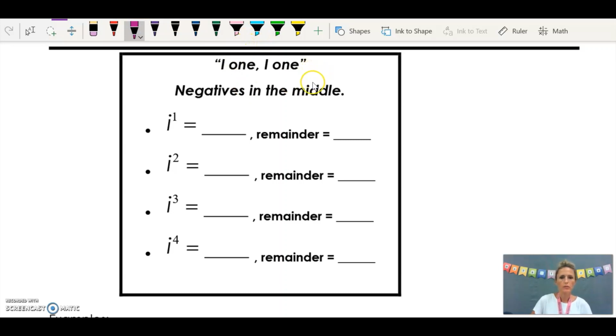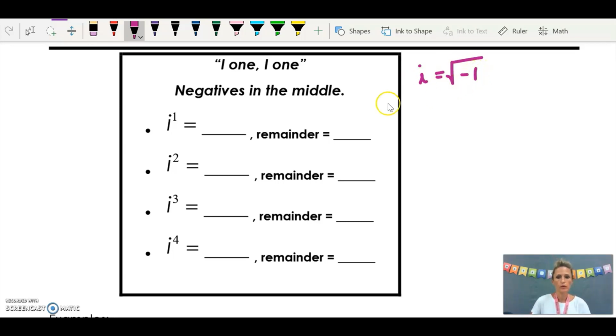So as we said above, i is the square root of -1, and it represents the imaginary unit. So we're going to practice now simplifying some powers of i. So i to the first is the square root of -1, and when we write it in simplest radical form, we don't want to write it in a radical.